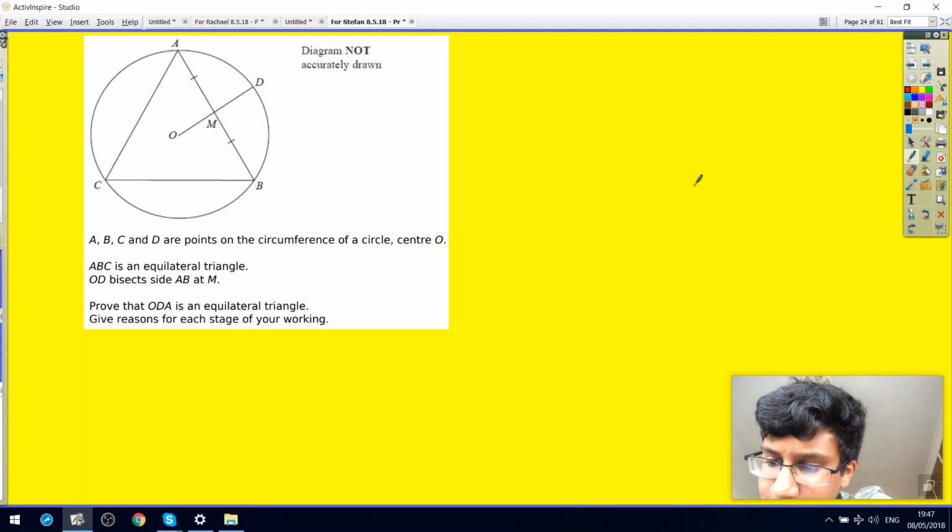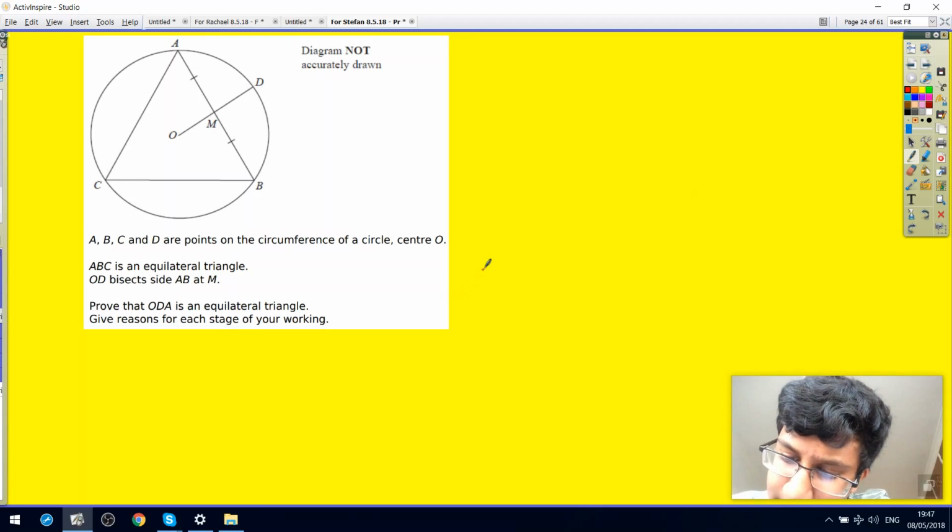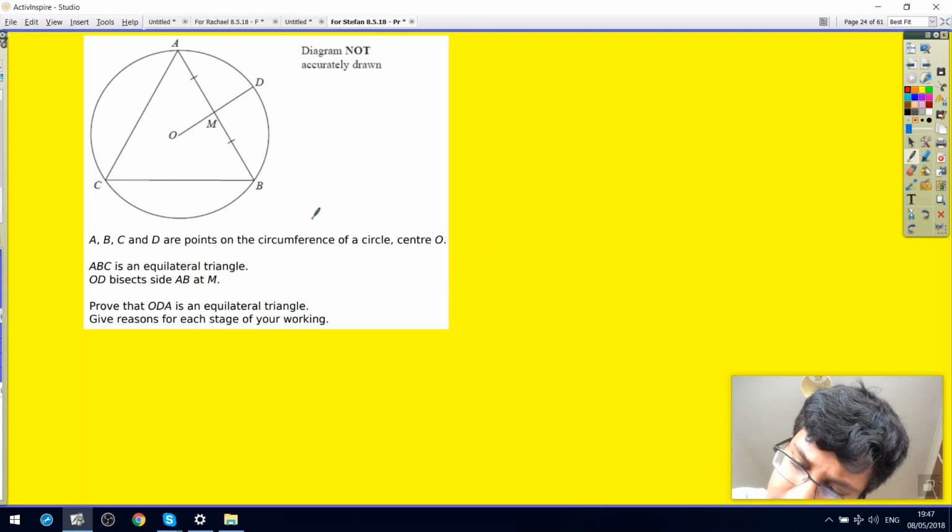So all the angles in that bigger triangle would be 60 degrees.